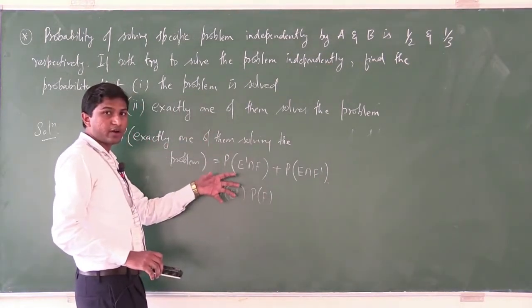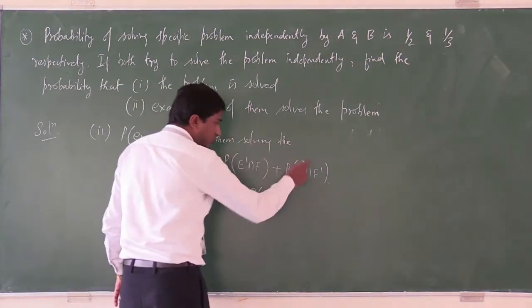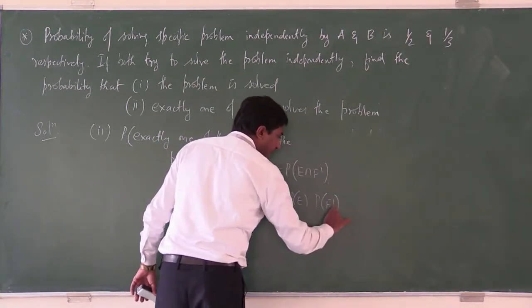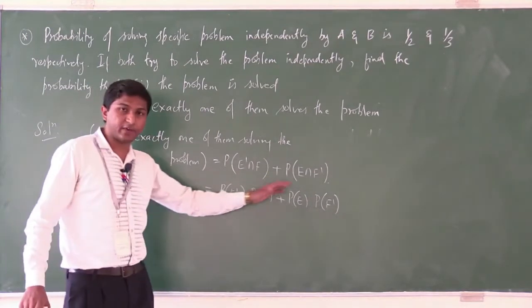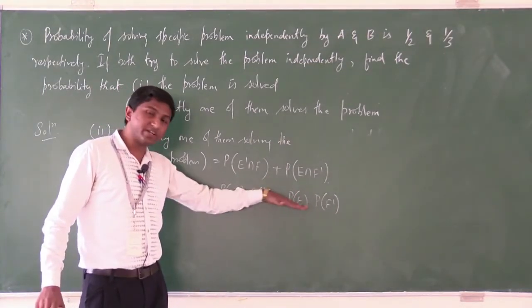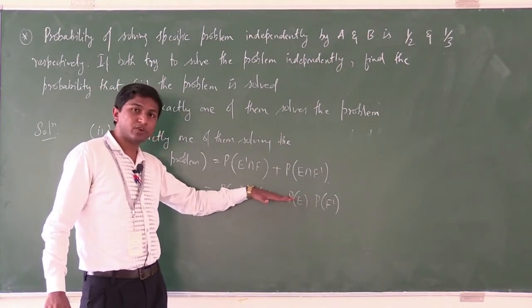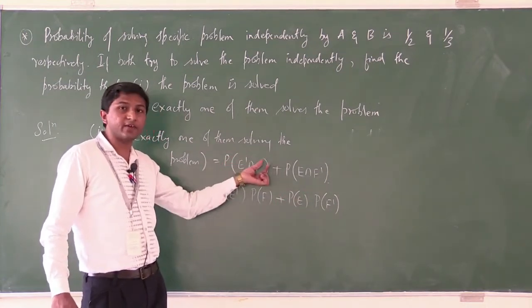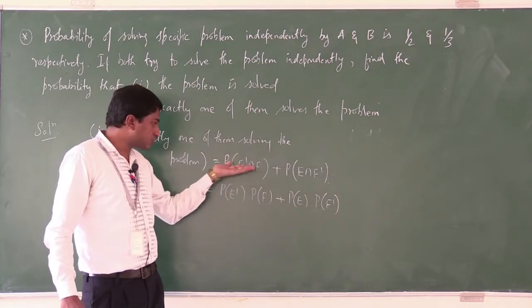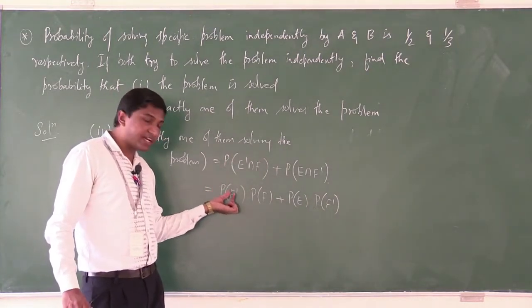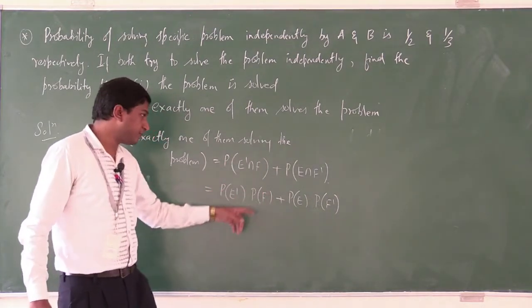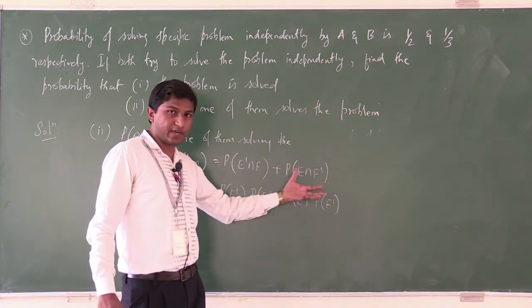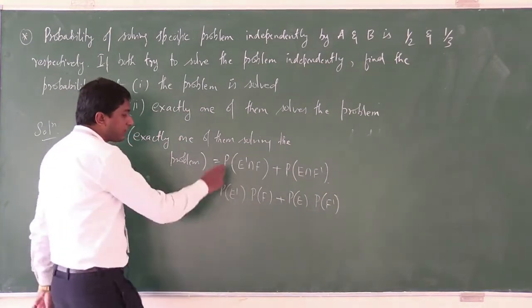Because these two are independent events. Also here, I can write it as P of E into P of F dash. How did this step come about? Because E and F are independent events, E dash and F are also independent events. So I can write this as P of E dash into P of F. Here also I can write it as P of E into P of F dash. Now, what is P of E dash?